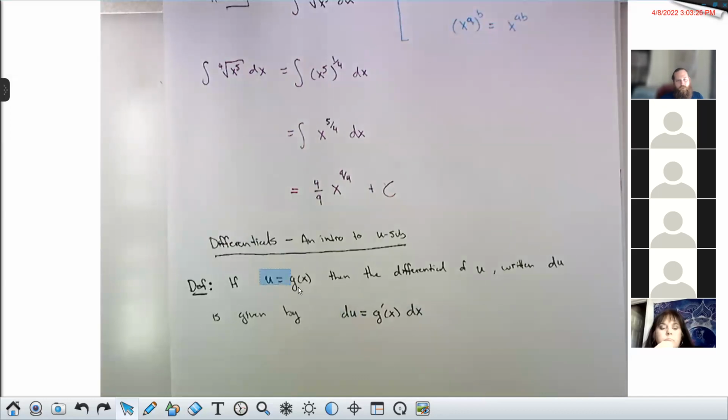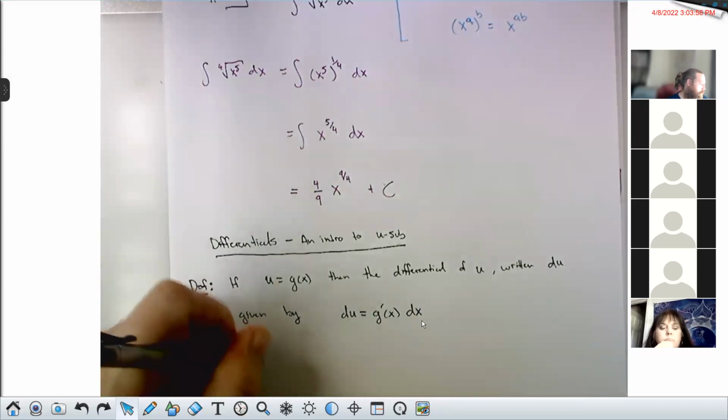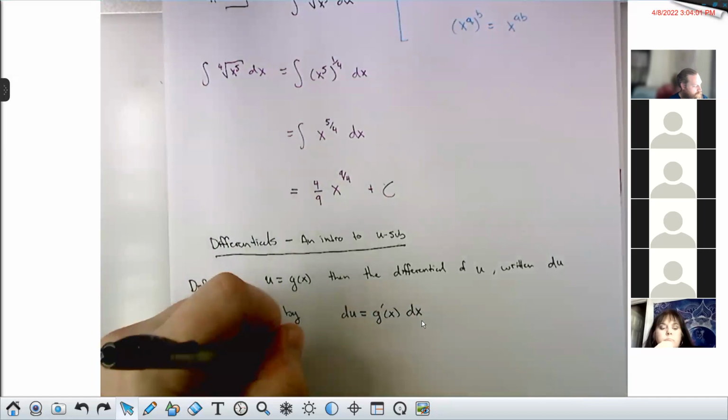So what we're saying here is that if u is equal to g of x, then an infinitely small change in u corresponding to the infinitely small change in x can be calculated as the derivative of g times that infinitely small change in x. This is useful when one wants to change variables in an integral, and that's precisely what section 5.5 is all about. So for example, let's calculate the differentials.